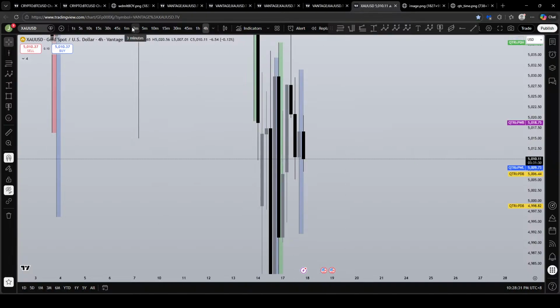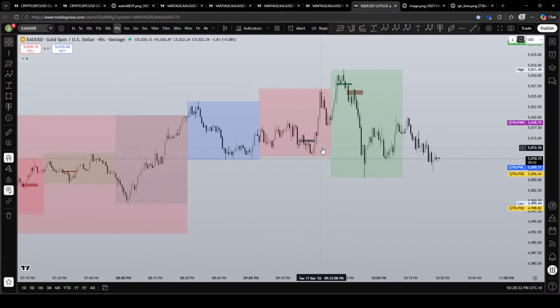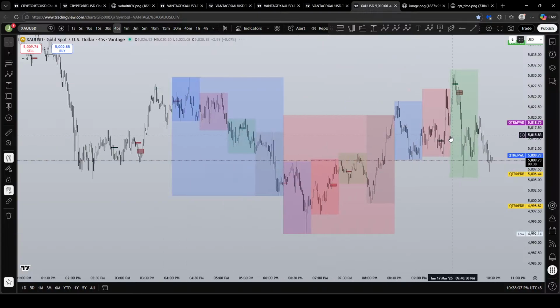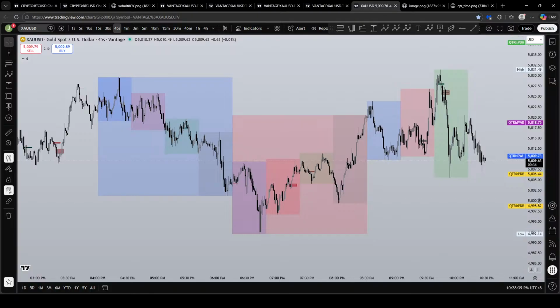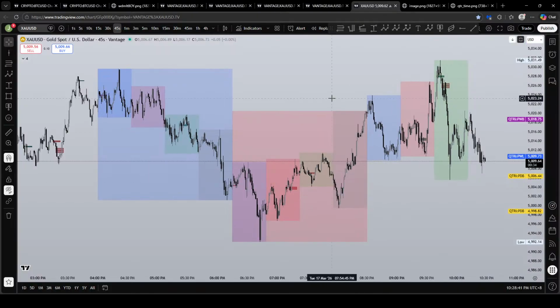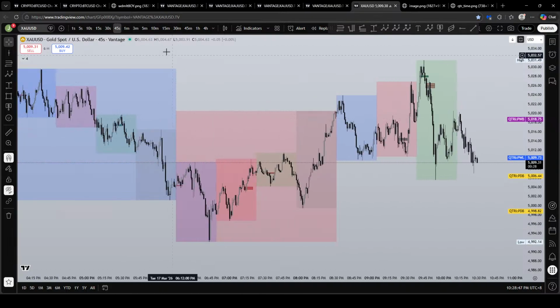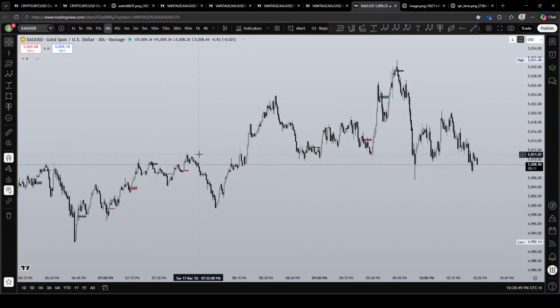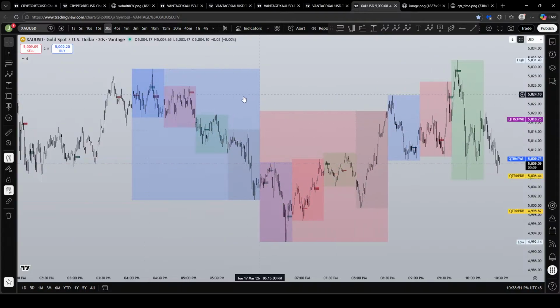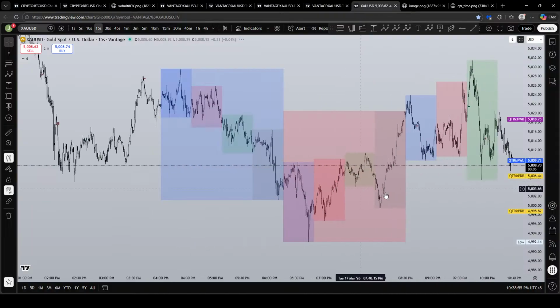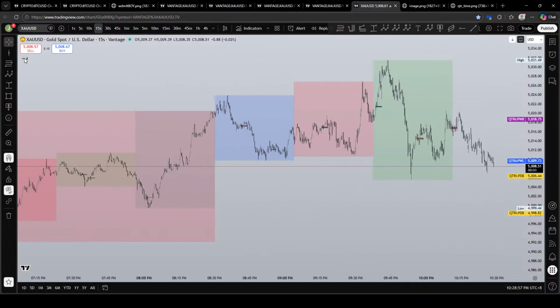So let me just check if there are any implied fair value gaps in the seconds time frame. Although not everyone has the paid TradingView, allow me to just scan if there's any valid implied fair value gaps. Okay.